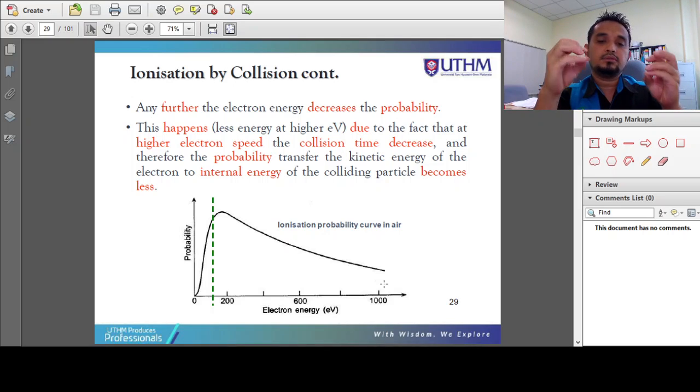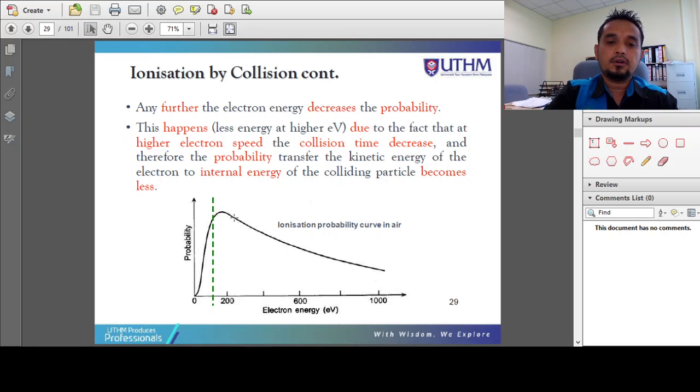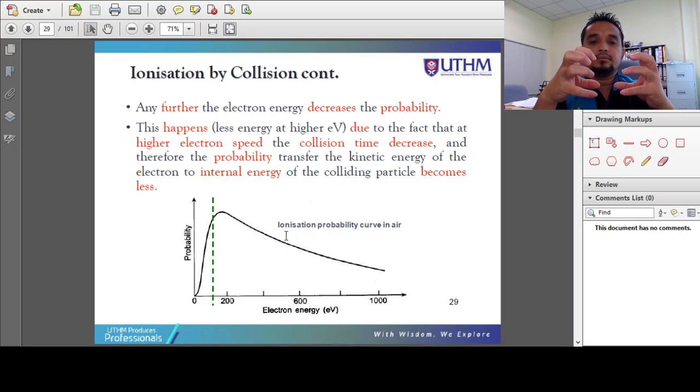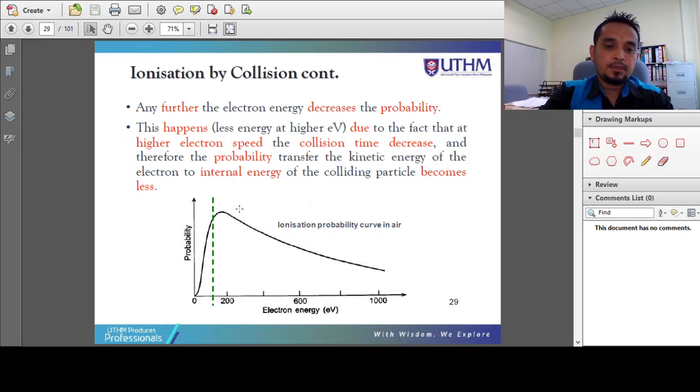That is the reason why the energy is not transferred to the molecule, and hence the probability for ionization to happen is lower. The atom or molecule has such a high energy that they don't collide for an adequate time for the energy transfer to occur.